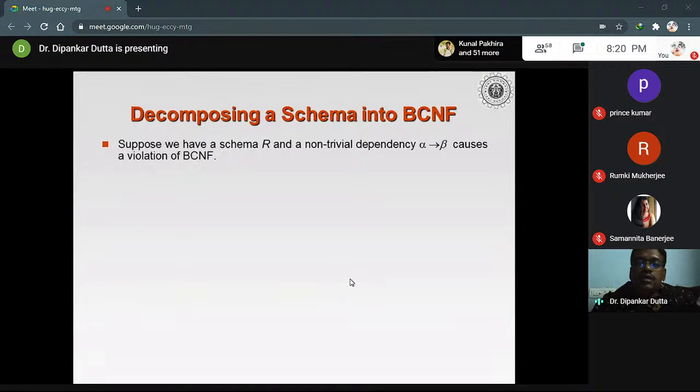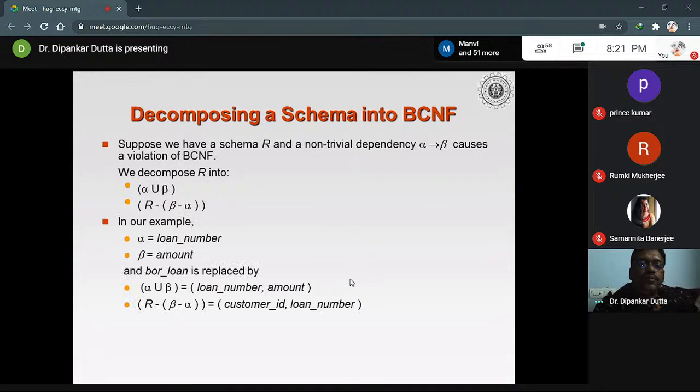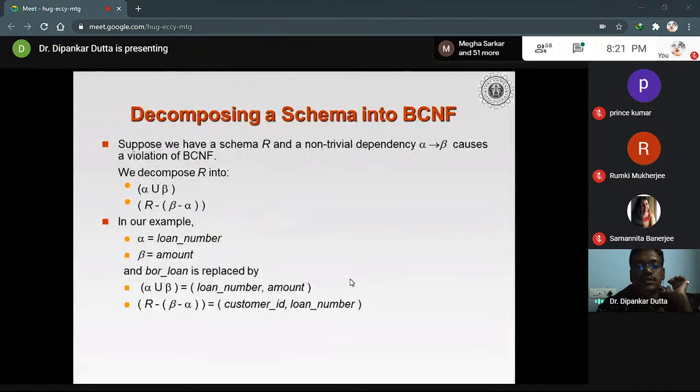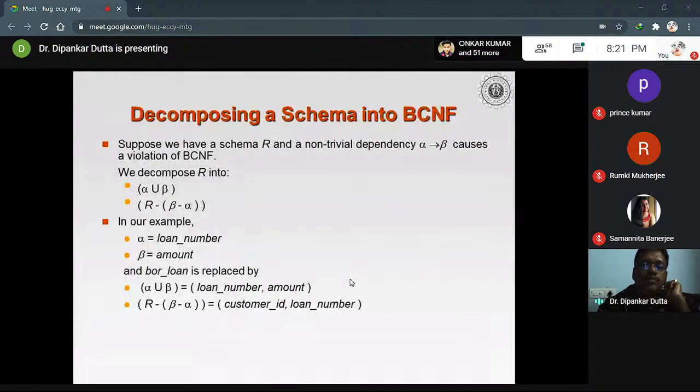Suppose we have a schema R and a non-trivial dependency that causes a violation of BCNF. What we have to do is decompose R. In this case, loan number determines amount, so alpha equals loan number and beta is amount. We have to divide this table into two tables. The first table will be alpha union beta, loan number and amount.